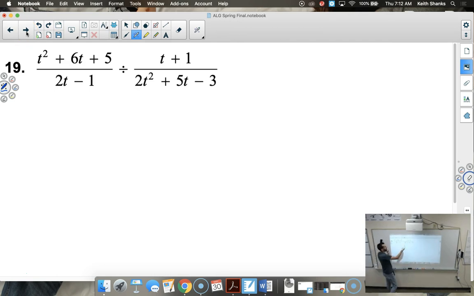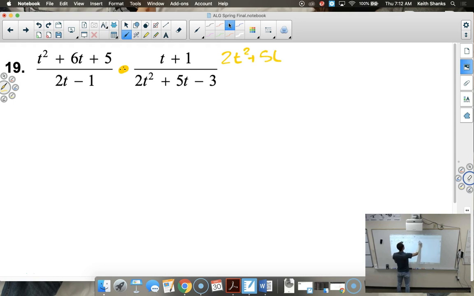Something like this, just a reminder to us really quick that when we're dividing, we're going to flip and multiply. So it should be 2t squared plus 5t minus 3 over t plus 1. Okay. Again, I would look at this and say, well, there's a lot going on. I have to factor a ton of things.